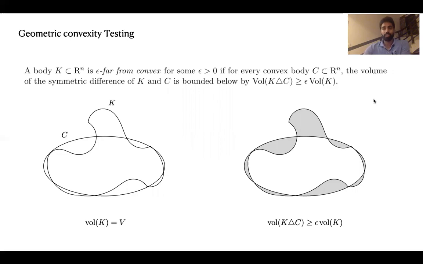What it essentially means is you have a body K, and if you want to change it into any convex body C, you have to change at least an epsilon fraction of the volume of K. That is the total volume which you delete from K and the volume you add to K to make it convex is at least epsilon times the volume of K.